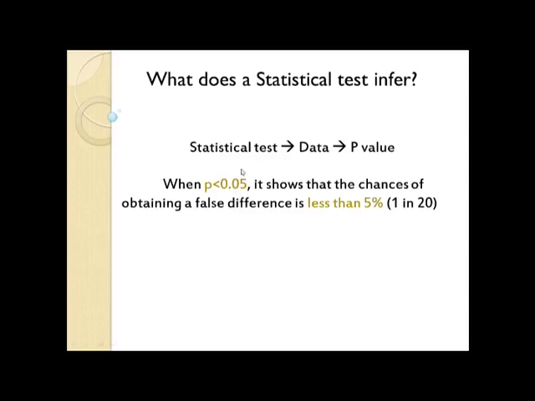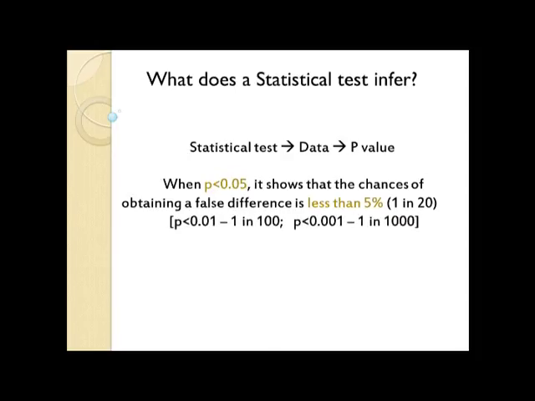Now, what a statistical test will infer is, when you apply the statistical test to your data, you will test your results against what we call a p-value, which we have seen earlier when we talked about hypothesis testing.